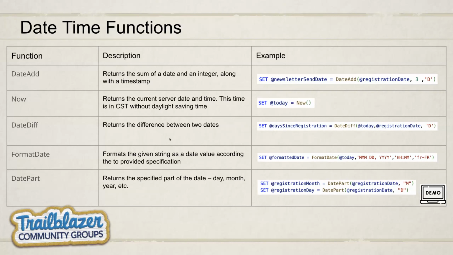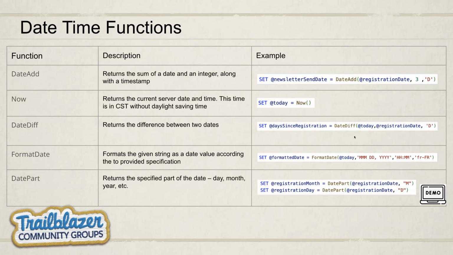The other one is date diff, which works very similarly to the first one, date add. However, this actually returns a difference between two dates. And you can pass in a third parameter to only filter out the part of the date. For example, if you wanted a difference between today and tomorrow, if you pass in D as the third parameter, the returning value would be 1.